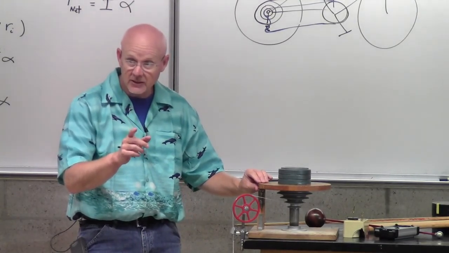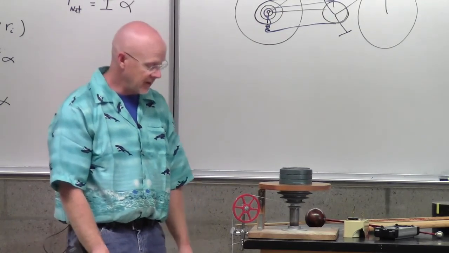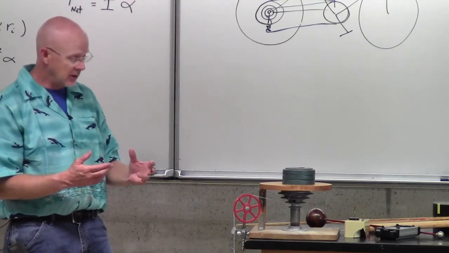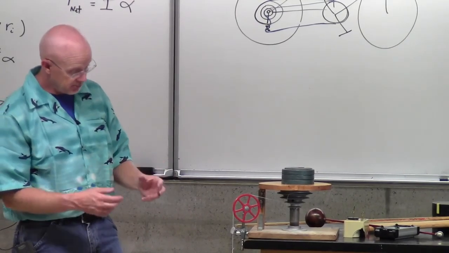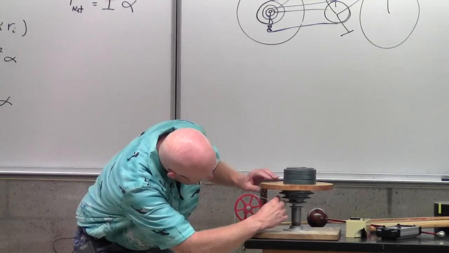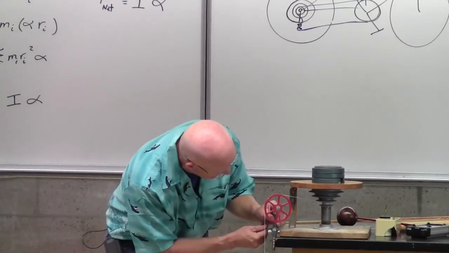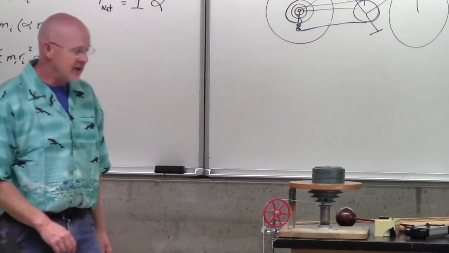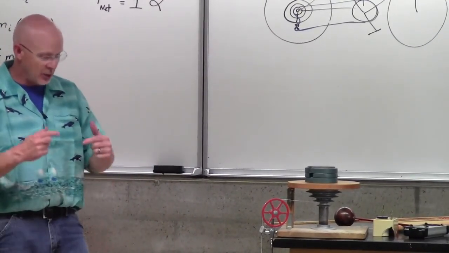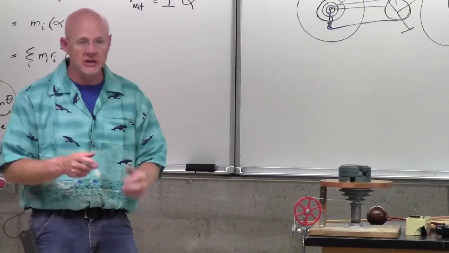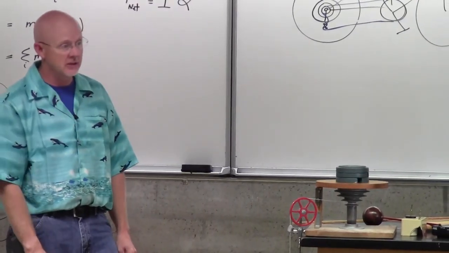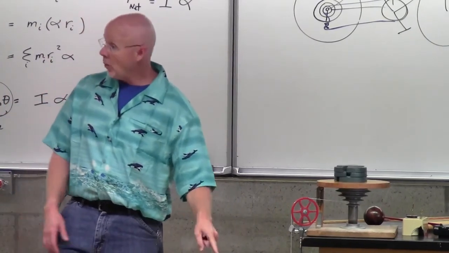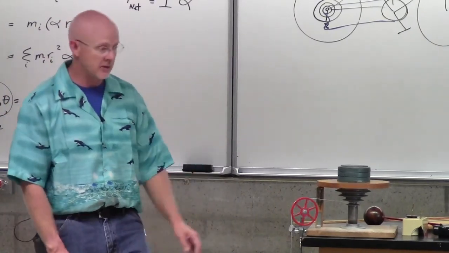More or less? It is less. Hopefully what you will notice is, oh, you got it kind of twisted there. All right. But hopefully what you will notice is that the rate of acceleration is much less than it was when I was on the other pulley, even though the weight that I am hanging is the same.